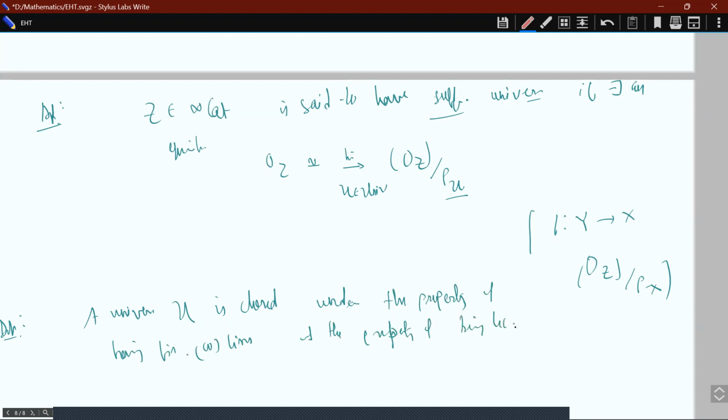So when I say universe U is closed under having finite colimits, it means this category is as well. That is terminology that I'm defining.